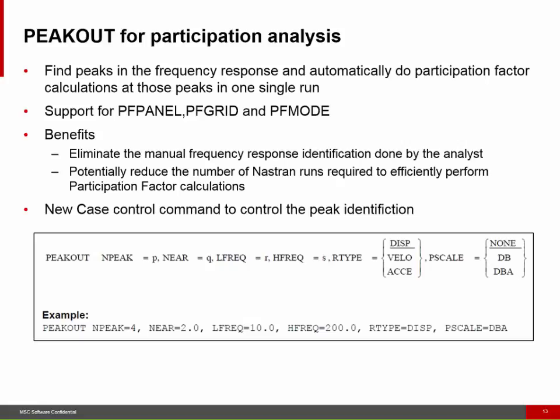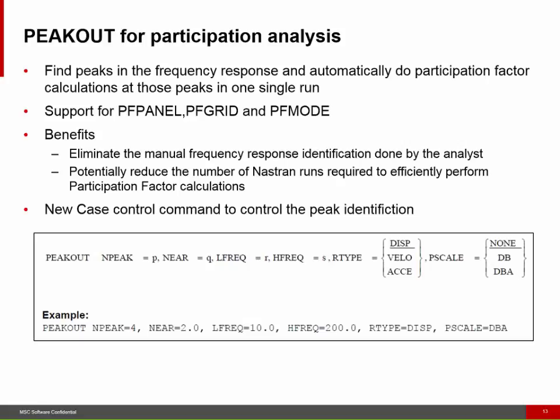And it can potentially reduce the number of Nastran runs required to perform panel participation calculation, because you can basically now do it in the first run. Previously you had to do a first run, inspect the frequency response functions, and then find out at which frequency you want to have the participation factors, and then do a second run.